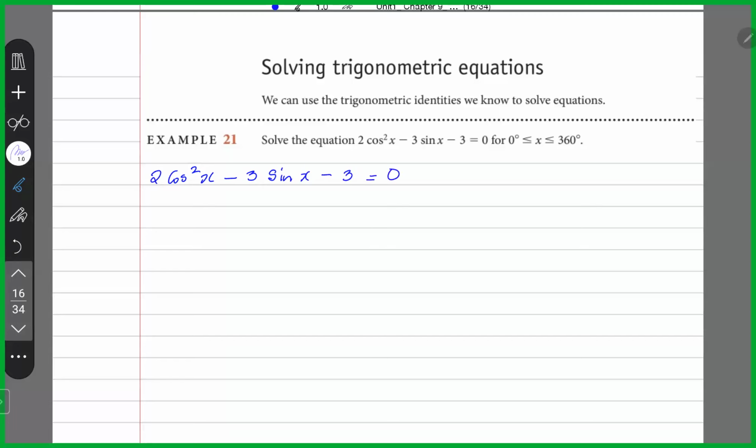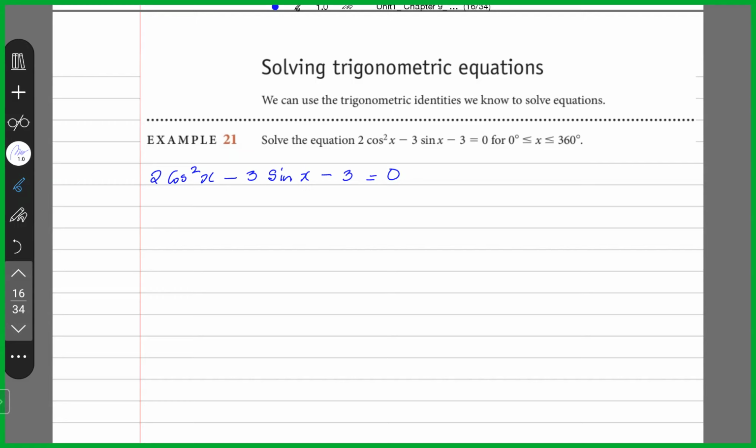And they're asking you for answers, because remember, whenever you solve a trigonometric equation, there's an infinite number of answers, but they're asking for answers only between 0 and 360 degrees.